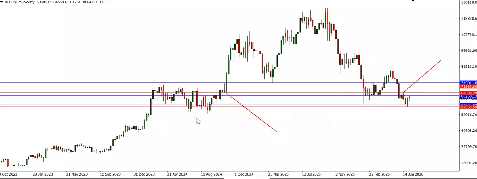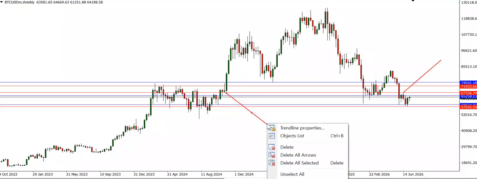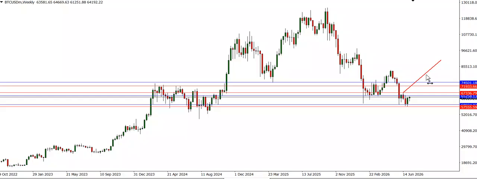So the key levels can be tested from top to down and from bottom back to up. So long as price gets to that point and moves away twice or thrice or multiple times, it becomes a key level.